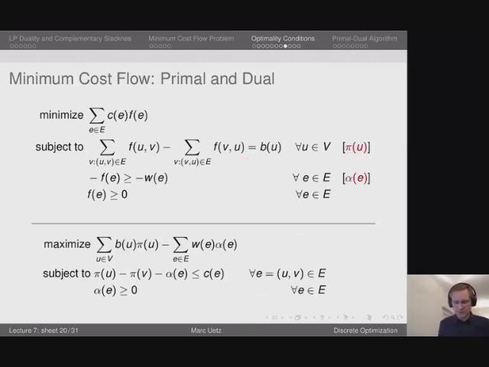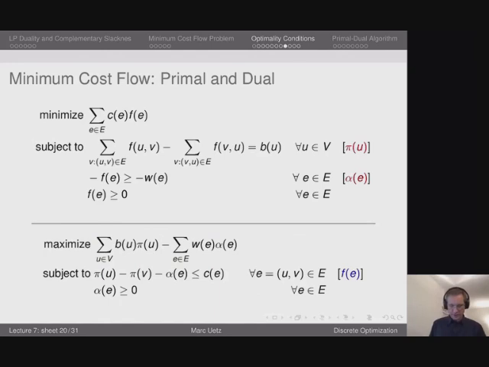That's quite easy to see if you write down the standard form and split up positive part and negative part, but I'm not going to do that. Okay, so here we see again the corresponding dual. The alphas are non-negative, the variables pi are unrestricted in sign, and that's the dual constraints. And the objective function is the sum of b times pi minus w times alpha.